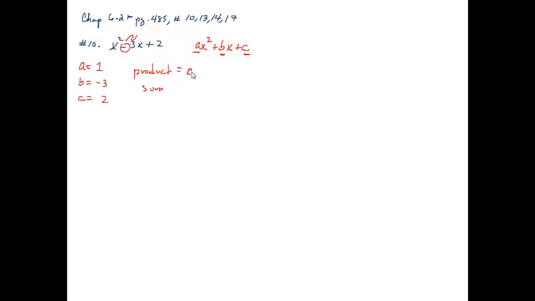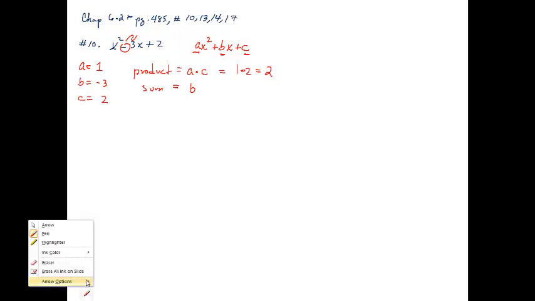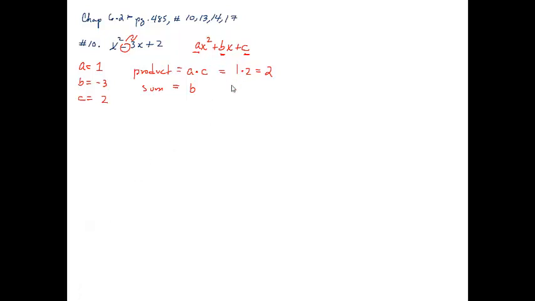Alright, great. Now let's write out the product and the sum. Remember, the product is always going to be a times c, and the sum is just going to be b. So a times c is 1 times 2, which is 2, and b is negative 3. So the product is 2, and the sum is negative 3.